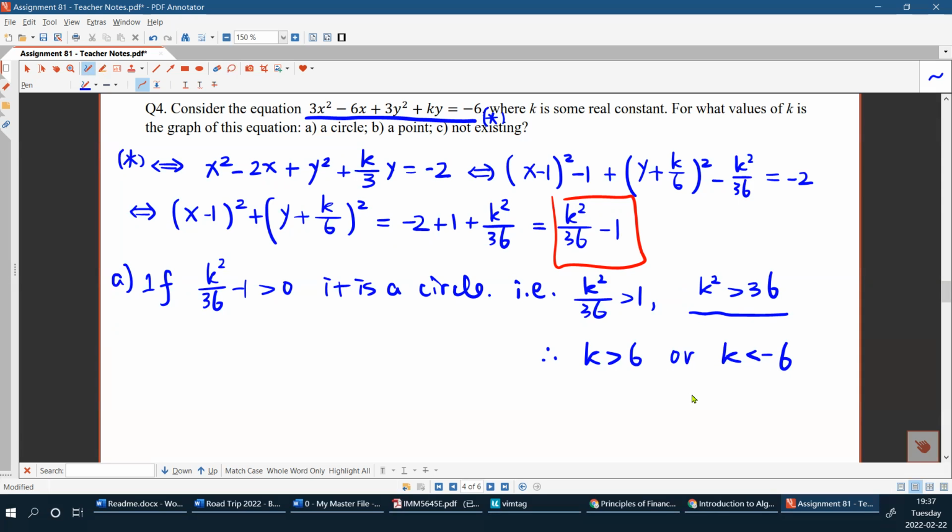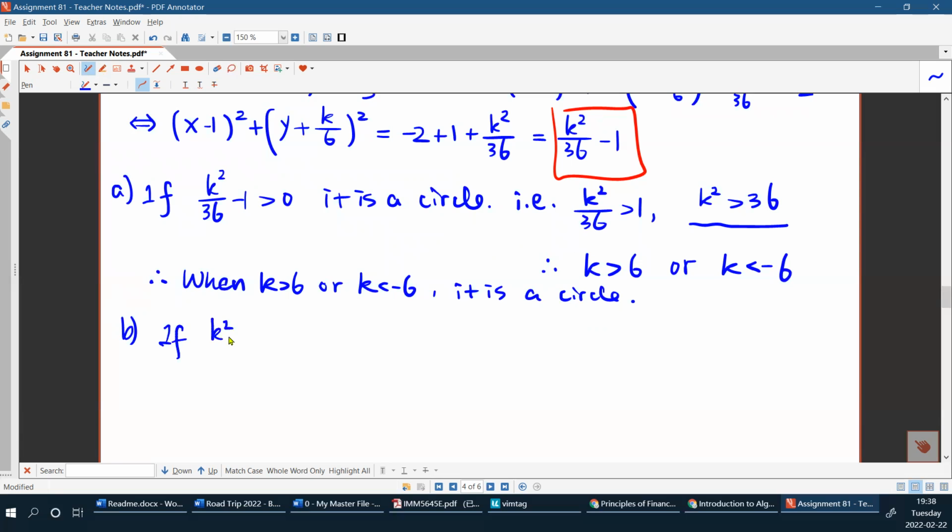Is it correct? Yes. Okay, so that means when k is greater than 6 or k is less than -6, it is a circle, right?